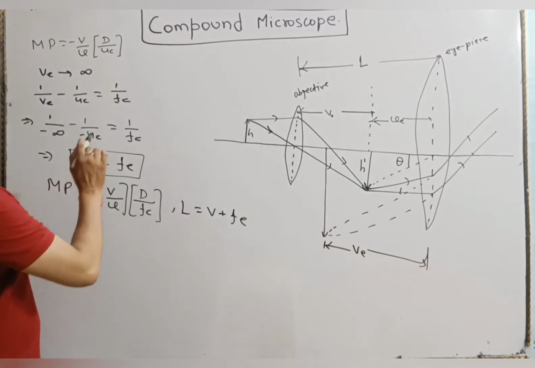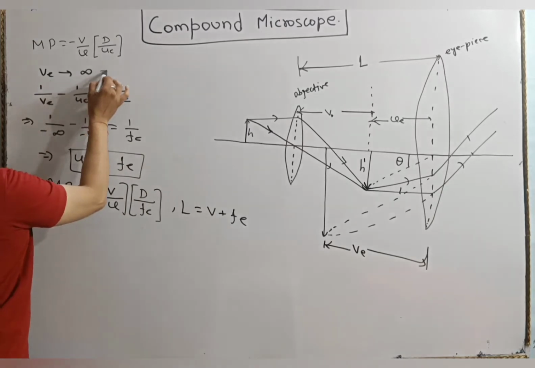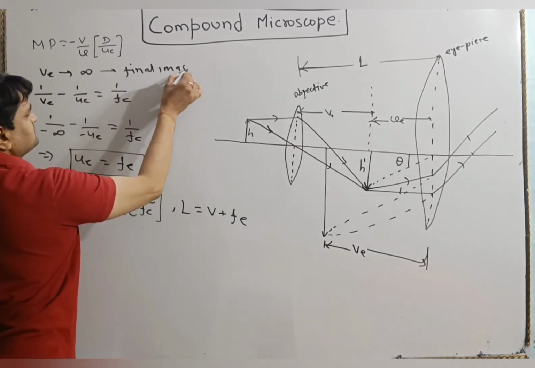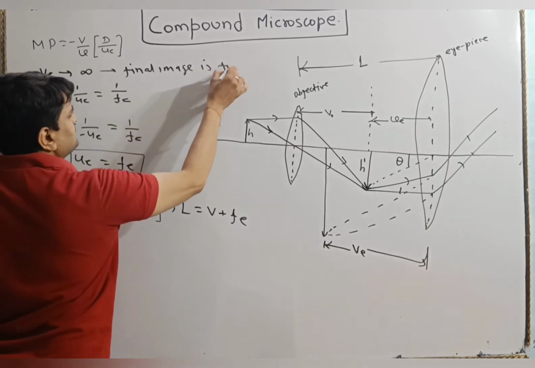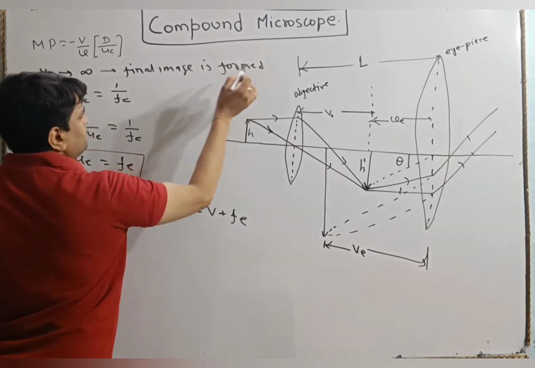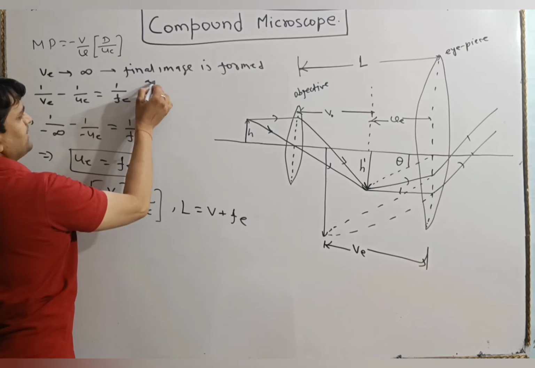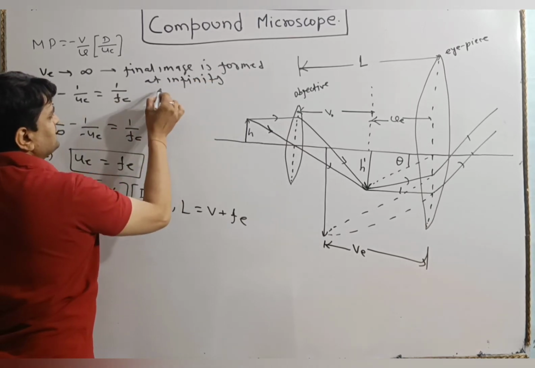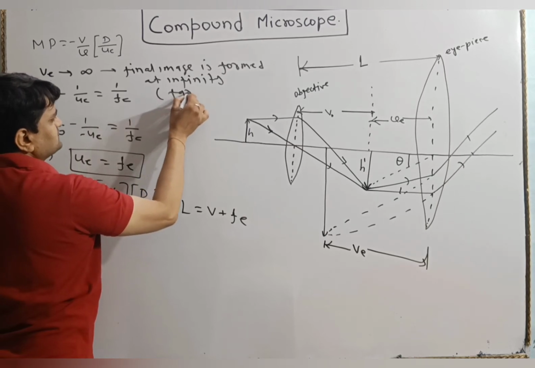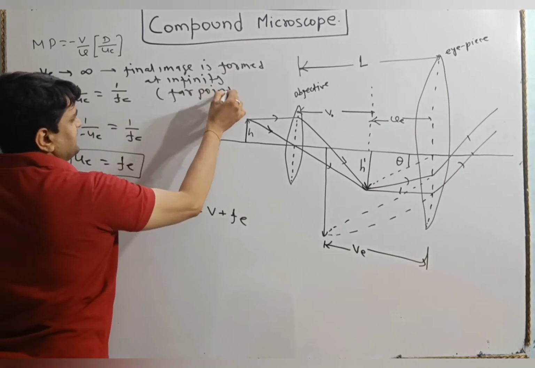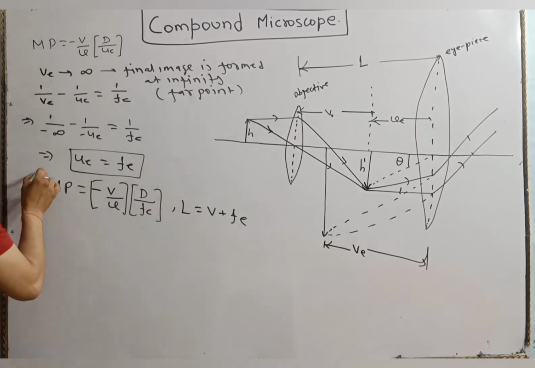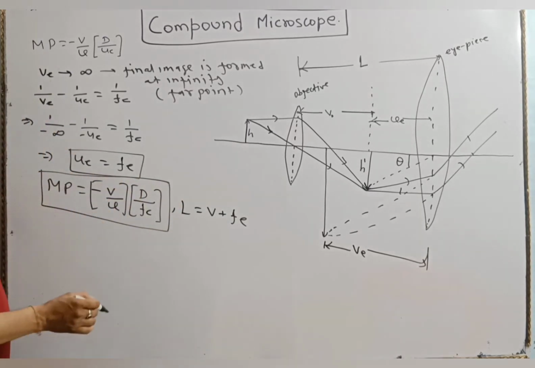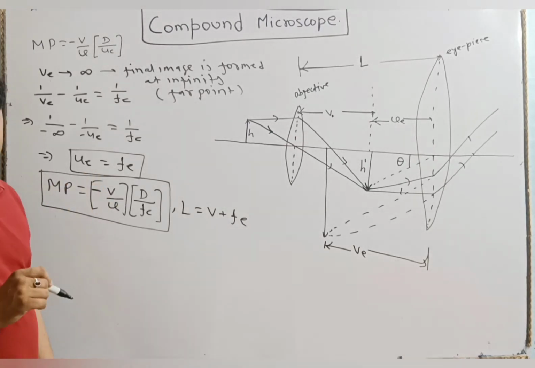This is the case when the final image is formed at infinity. This is called far point. That means for far point, the magnifying power will be minus V upon U, D upon FE.